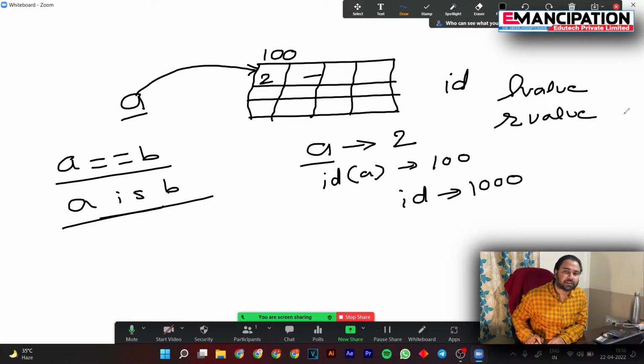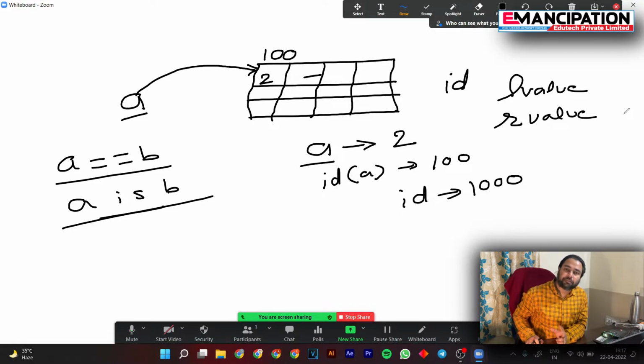L-value is the address and R-value is the value. The same thing, but one thing is different: if the ID of the two variables is the same, then their value is the same, and this is known as A is B.